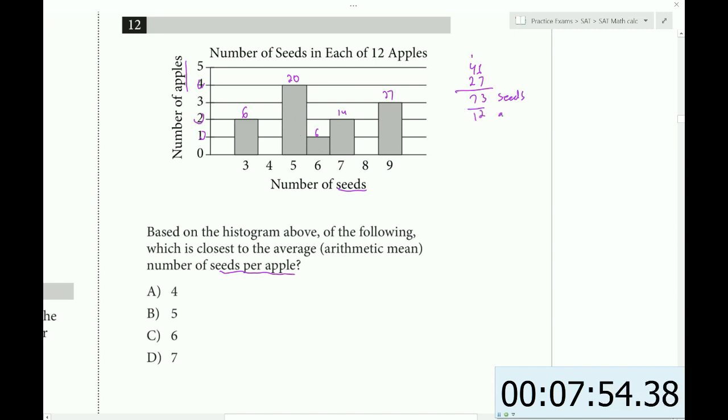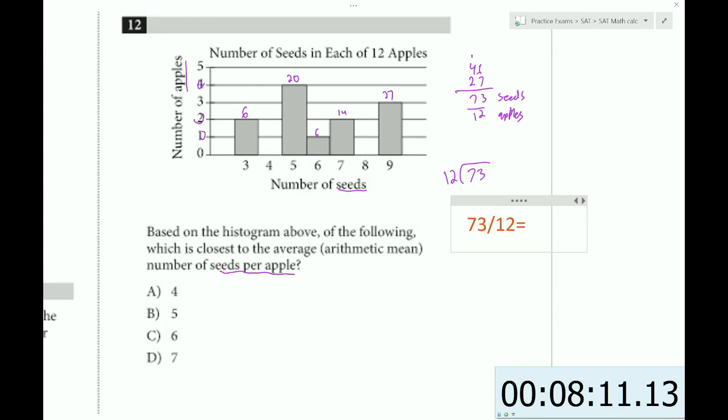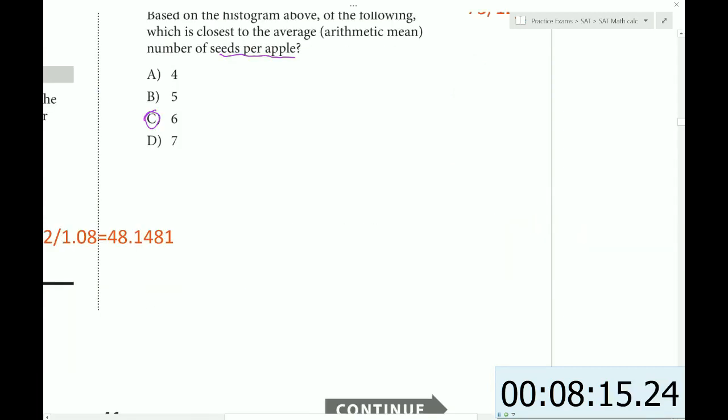So there's 12 apples. So we do the division, 12 into 73. So just to save time, we can use our calculator. 73 divided by 12 equals a little more than 6, so choice C is best.